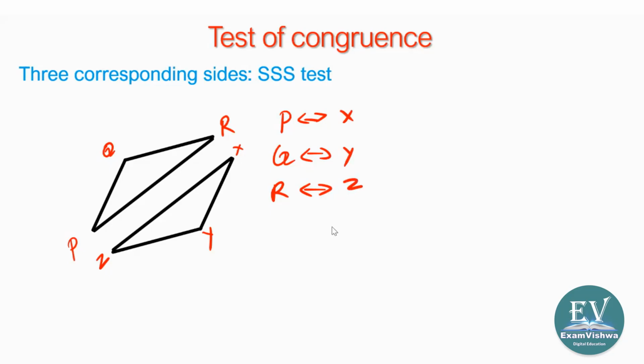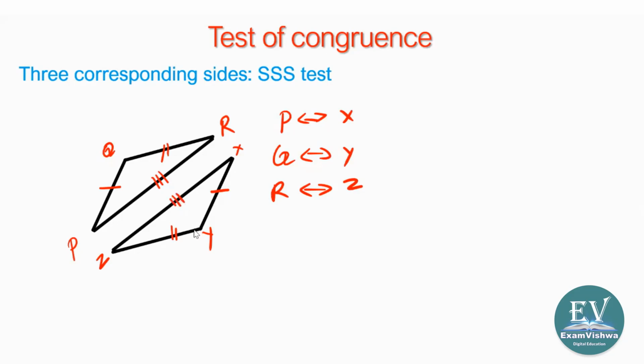I can also say that these two triangles are congruent because their sides are congruent. How will I show that? PQ congruent with XY, QR congruent with YZ, and PR congruent with XZ.